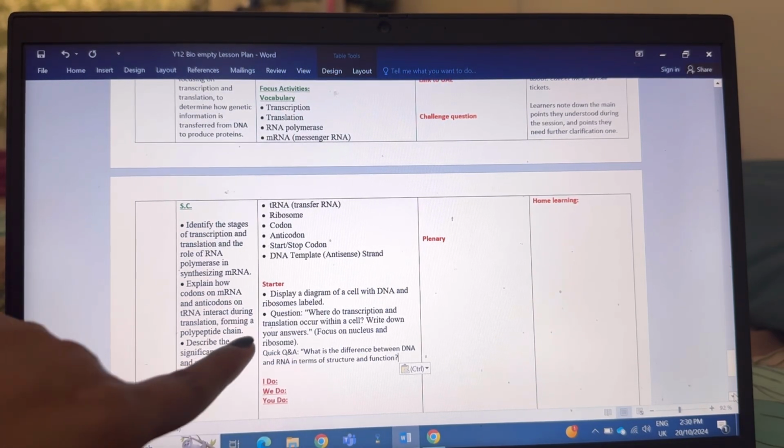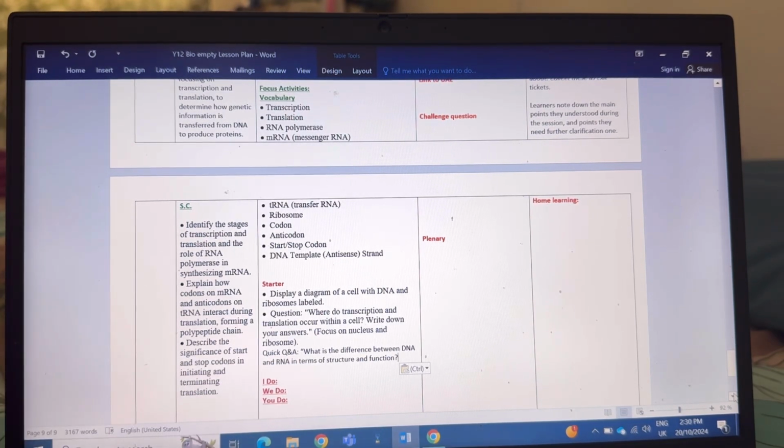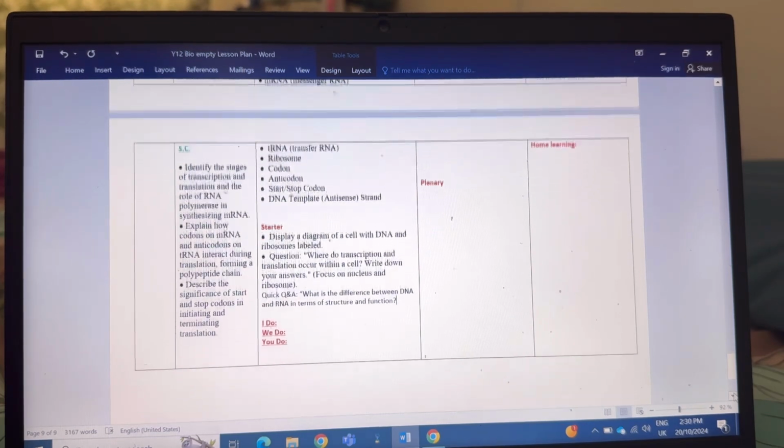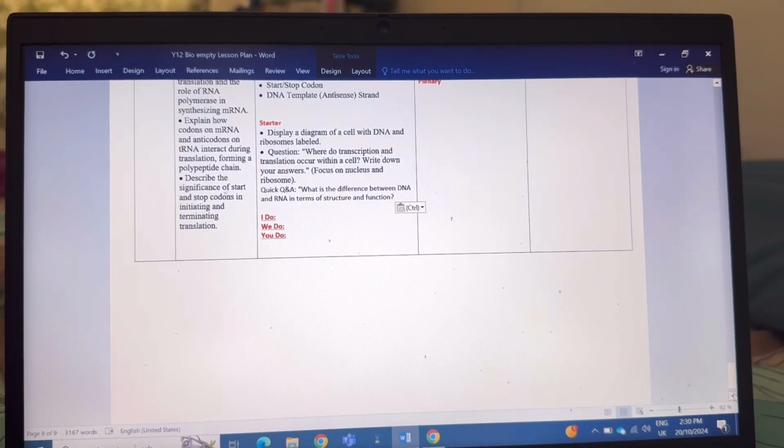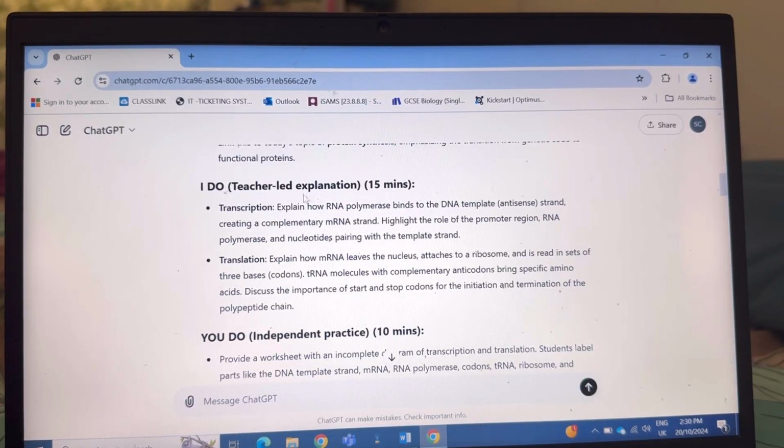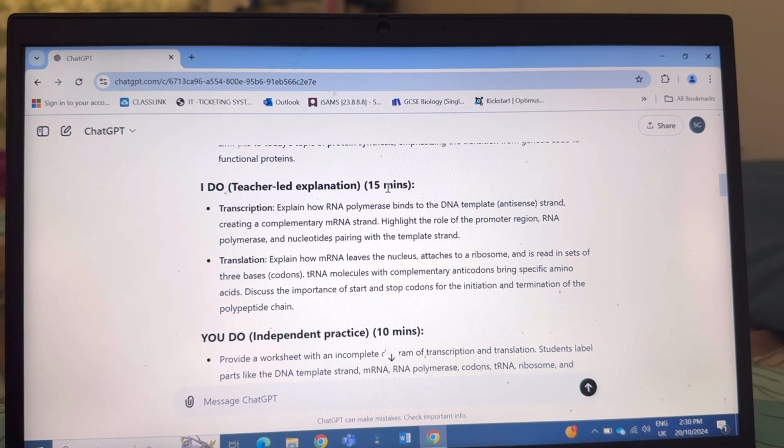That is, I do, which means the teacher actually explains the topic. Teacher-led explanation. This says 15 minutes, but ideally, once you join the school, your school tells you to talk less and make the learners talk more. So that's why this can be reduced into 7 or max 10 minutes.